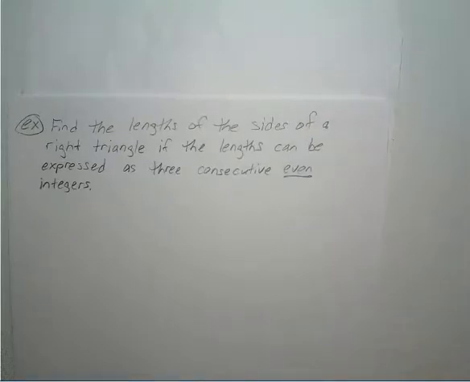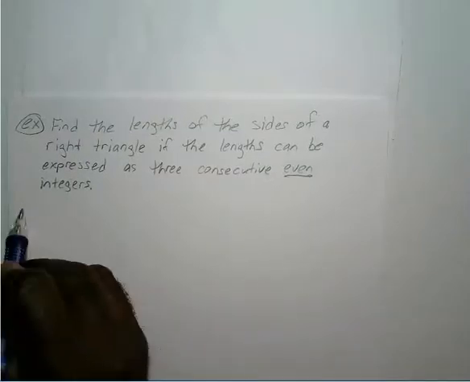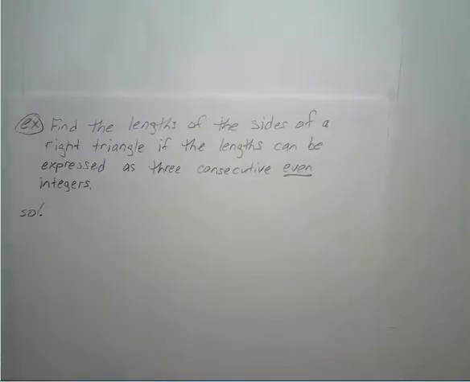Okay, so let's say we wanted to find the lengths of the sides of a right triangle, if the lengths can be expressed as 3 consecutive even integers. Okay, so there are a couple of things we have to remember here. And again, if you're still writing the problem, feel free to press pause.